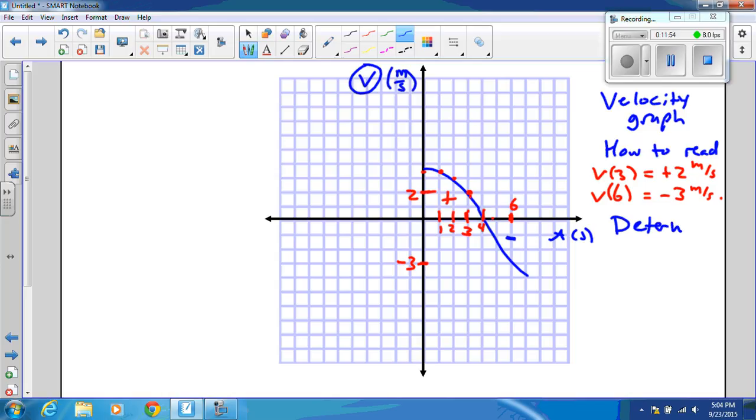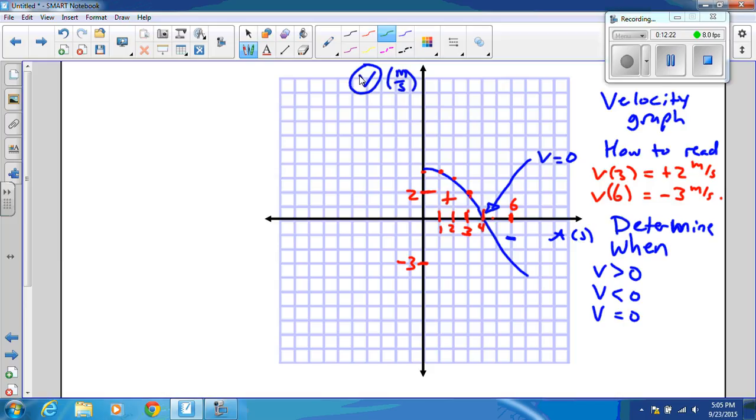And so part of reading a velocity graph is to determine what times the velocity is positive, the velocity is negative, and of course the other possibility is that the velocity is 0. And right here, at t equal to 4, the velocity is 0. It cuts through the axis.